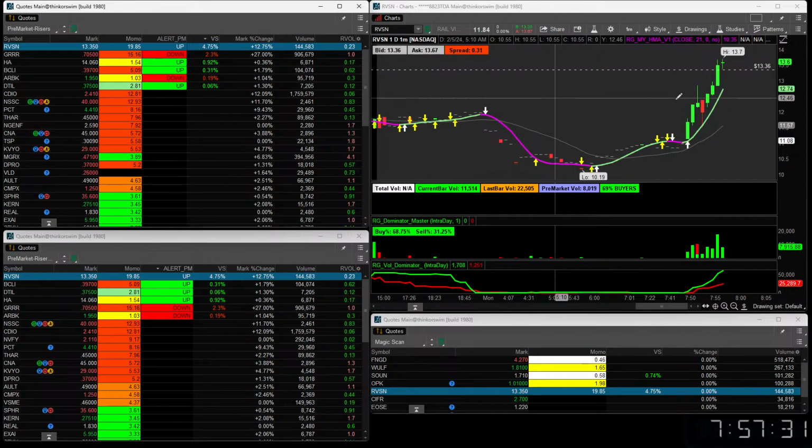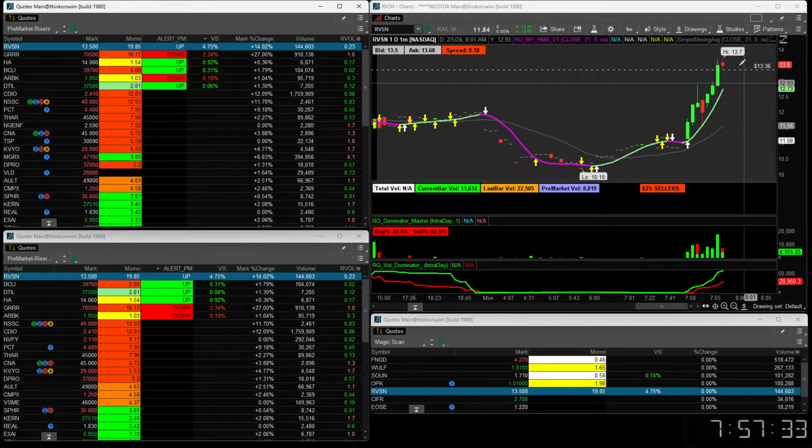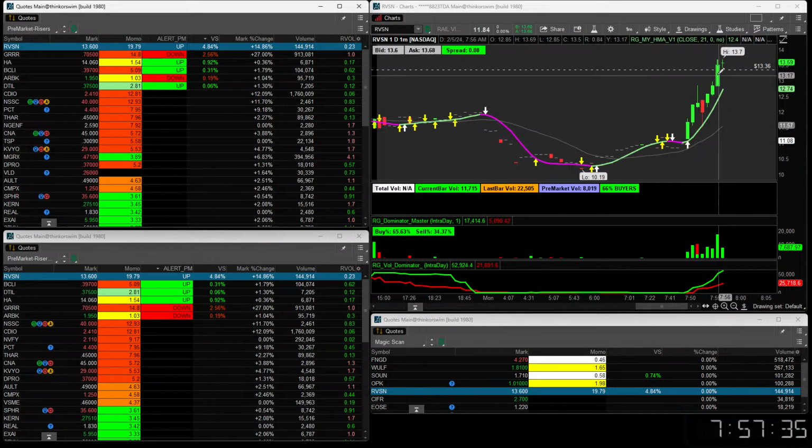I think I feel good about doing it like that because I got mine in the middle and I didn't have to think about, is the next candle red?